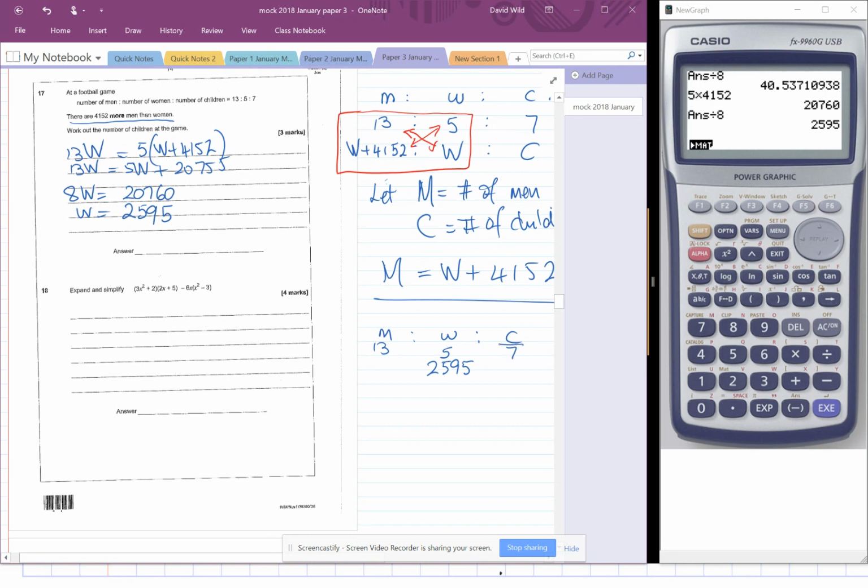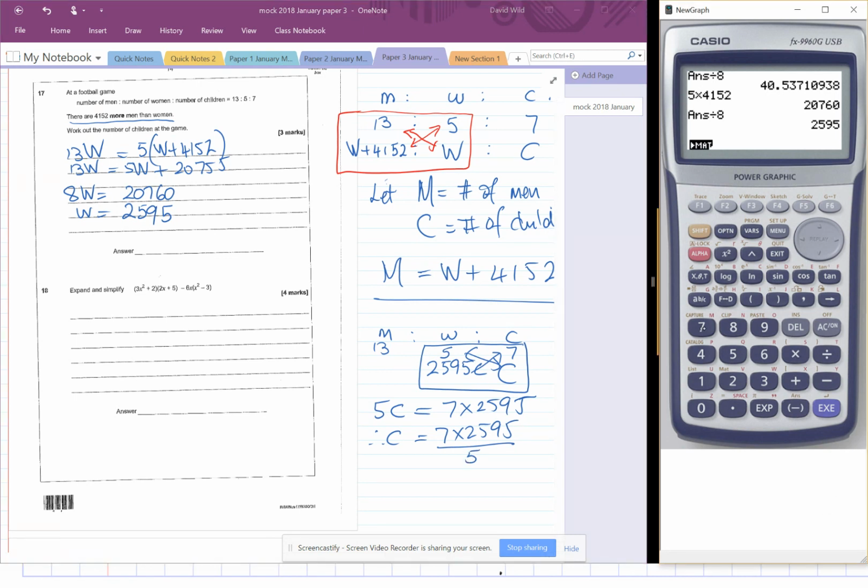And we can now work out, using this ratio square, this capital C here. In here we multiply the diagonals, and the diagonals are equal. So 5C, number of children, is 7 times 2595. Therefore C is 7 times 2595 divided by 5.